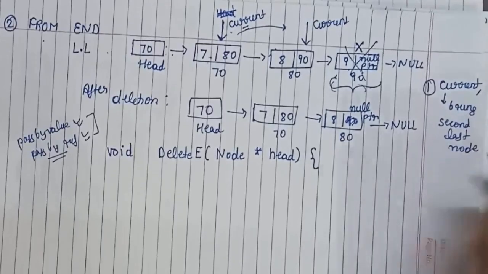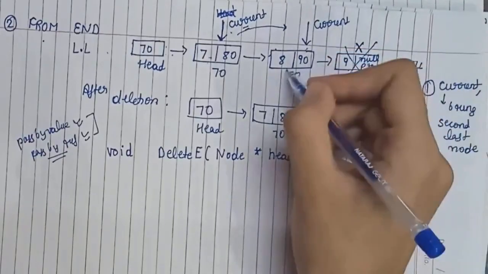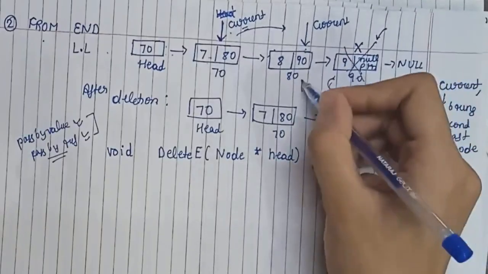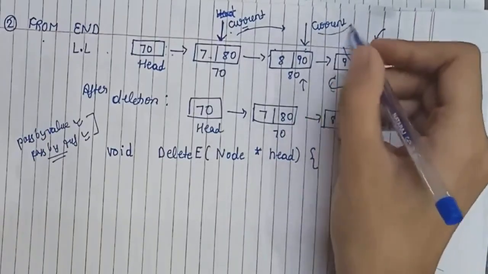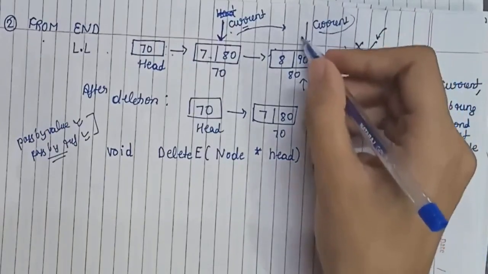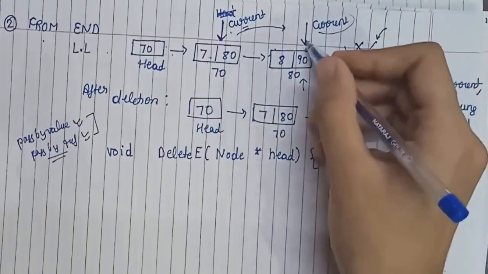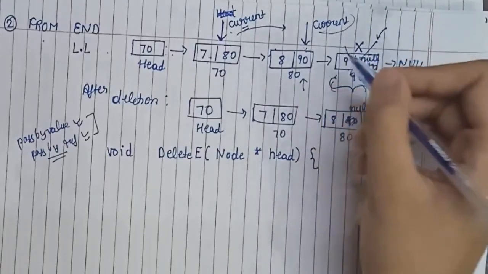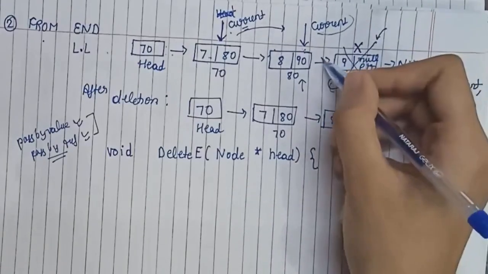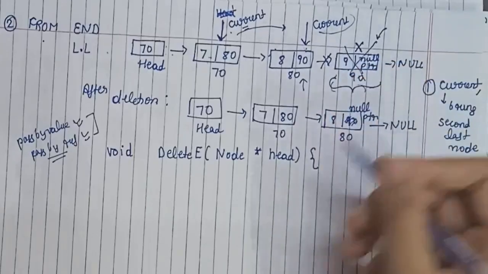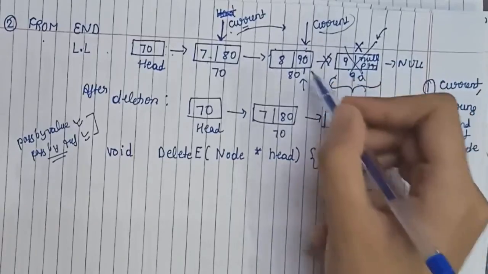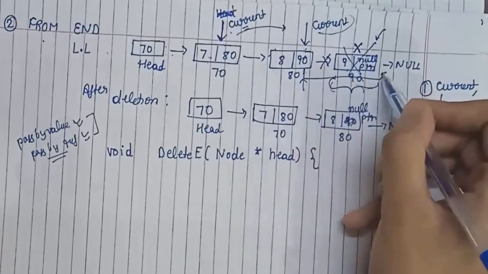Once you have brought this pointer to the second last node, here you can see that this is the last node and this is the second last node. So now this current pointer is at the second last node. Once you have brought this current pointer to the second last node, you will break this particular link, and after breaking this link you will remove this 90 here and make it point to null.